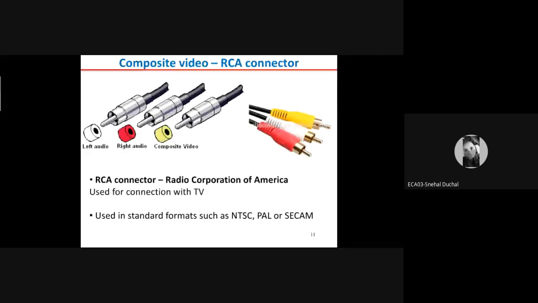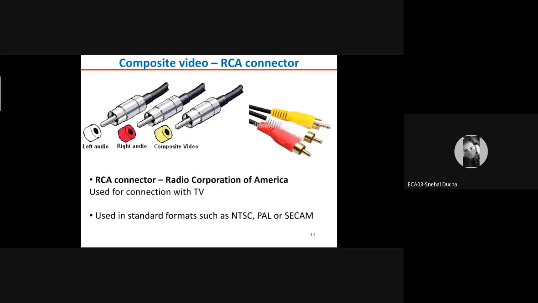What is the full form of RCA connector? It stands for Radio Corporation of America. These wires are used in television concepts.